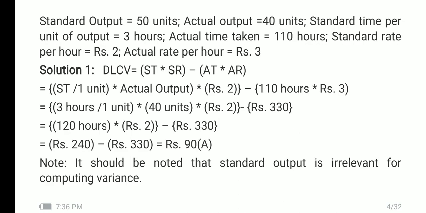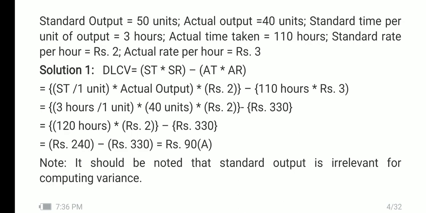Now, DLCV, direct labor cost variance, is equal to ST into SR. ST divided by 1 unit into actual output will give us standard time for actual output. ST stands for standard time for actual output.